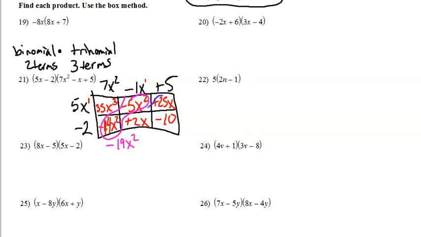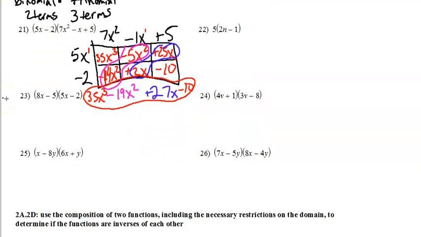Okay, and then if we find the sum of this diagonal, 25x plus 2x, that's 27x. And then we have minus 10. And in the front, we're going to have 35x cubed. So this would be your simplified expression with 4 terms. 35x cubed minus 19x squared plus 27x minus 10.